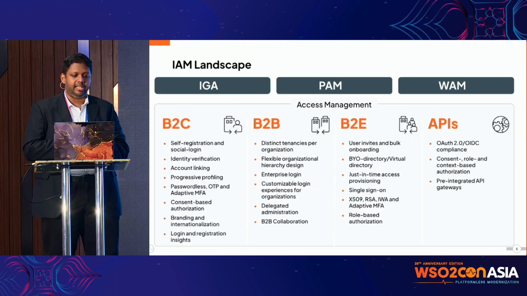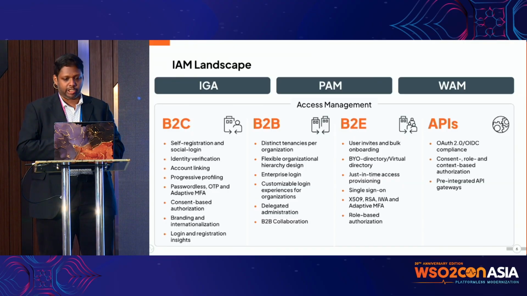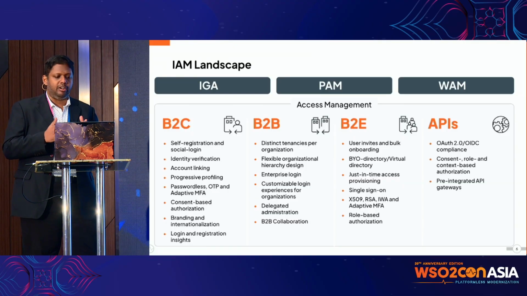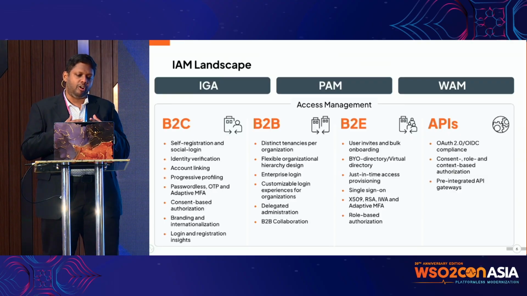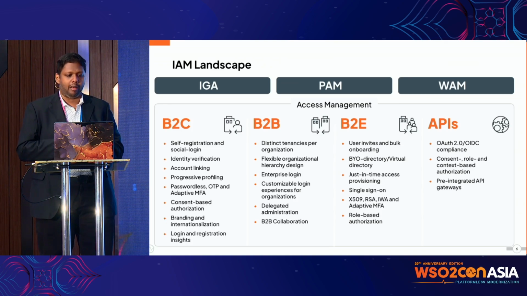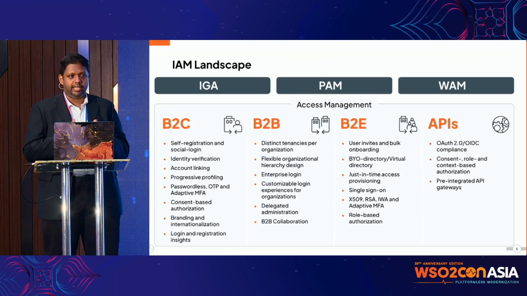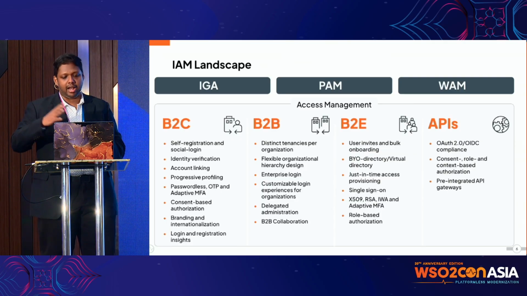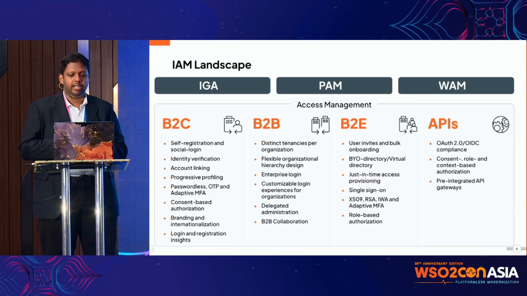We have identity governance and administration, privileged access management, and web access management. Now these are not always needed for all organizations. These are more specialized requirements. Large organizations might need identity governance when there are multiple functions, multiple people dealing with identity, and so forth.